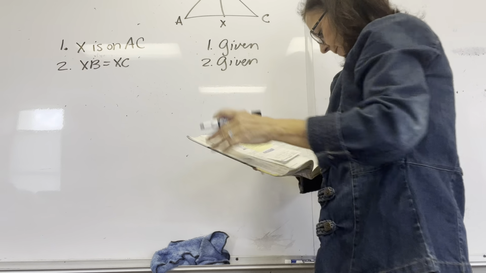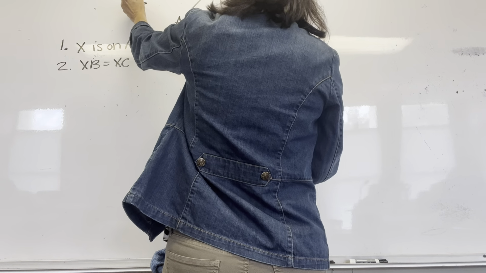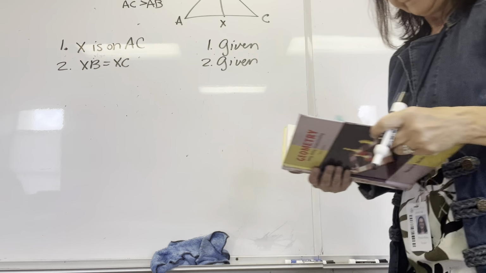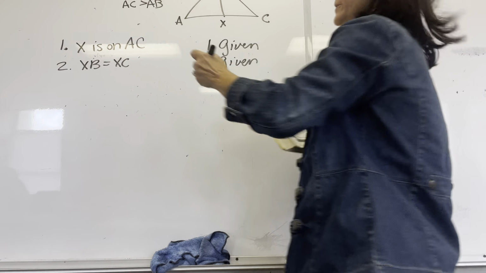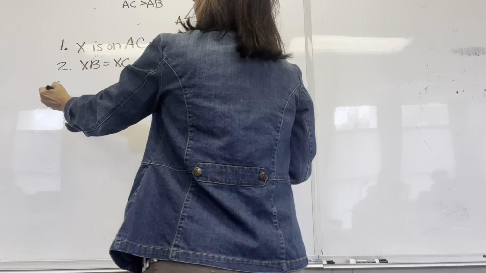All right, I'm going to write up here what I'm trying to prove. I want to prove that AC is greater than AB. Now look at this first statement. What can I know from it?